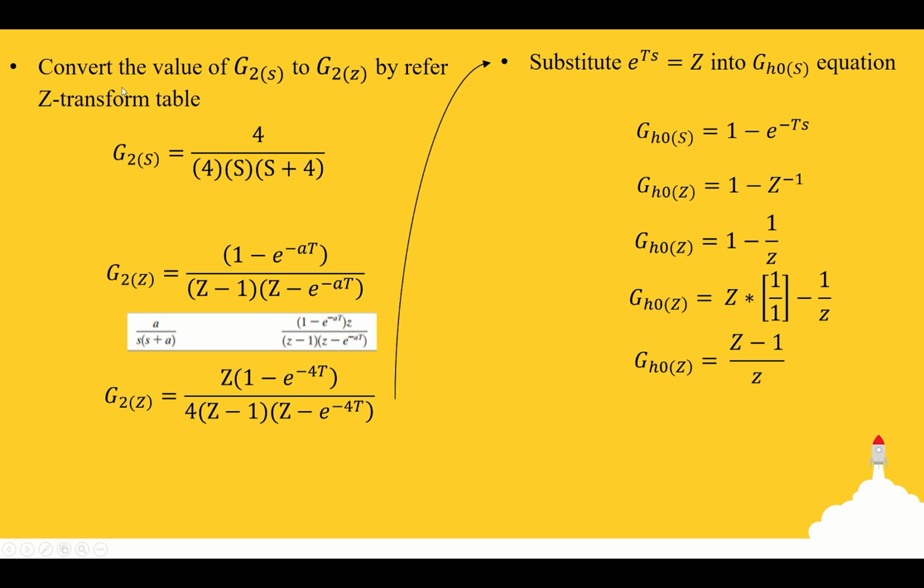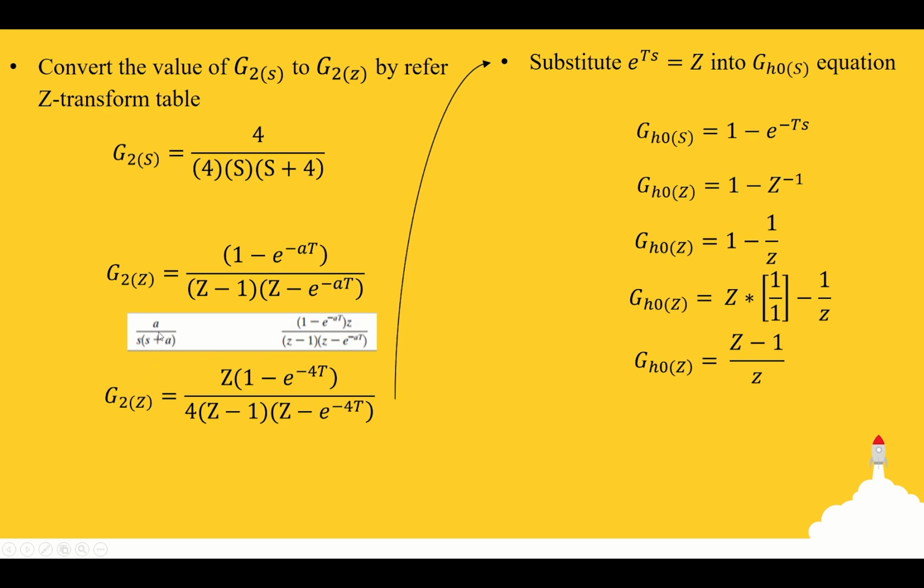And then we will convert our transfer function in the S domain to the Z domain by referring to the Z transform table. This is our S domain transfer function. This is what we can see in the Z transform table, and this is the Z domain. After that, we change our main transfer function into the Z transform function.